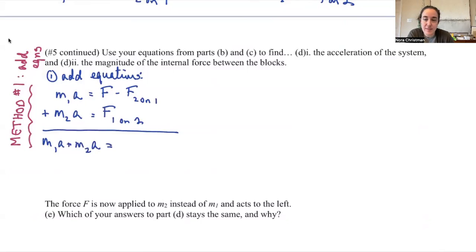On the left side, I'm just adding up the MAs. On the right side, I have F minus F2 on 1 plus F1 on 2.